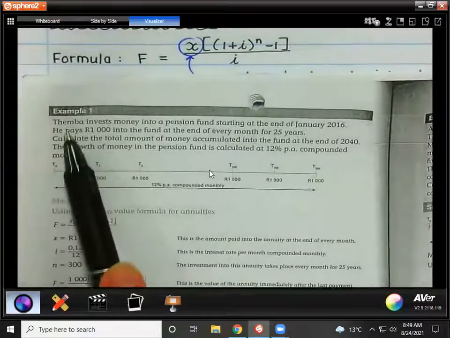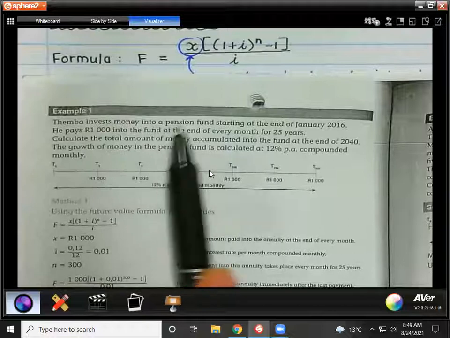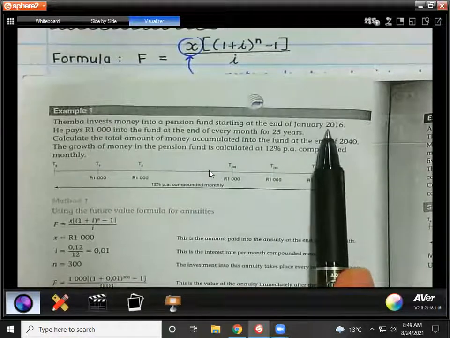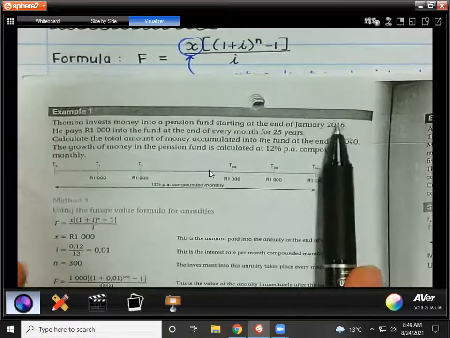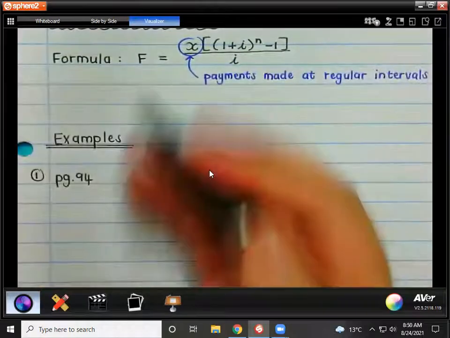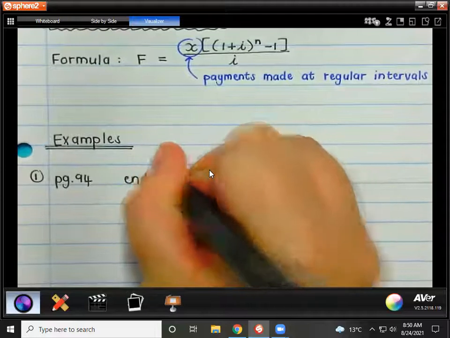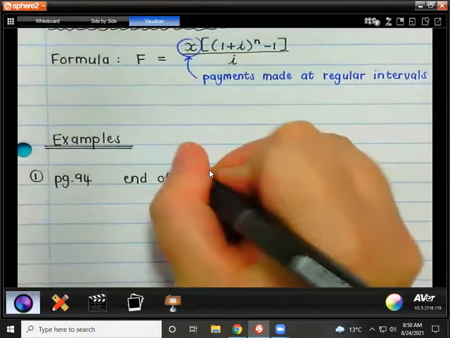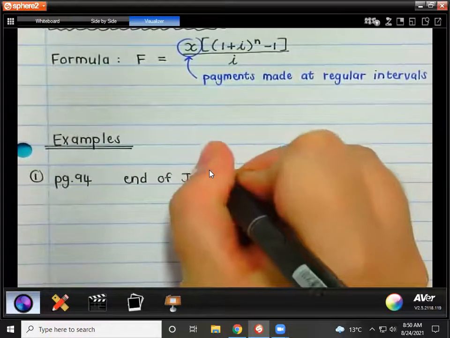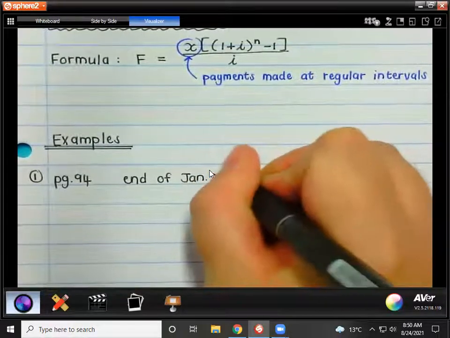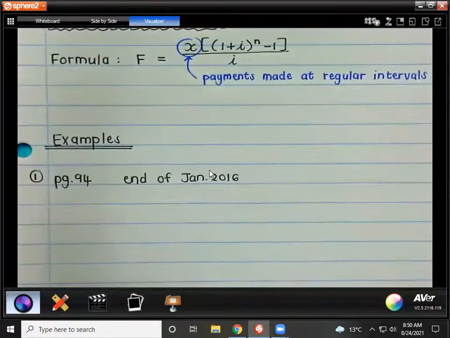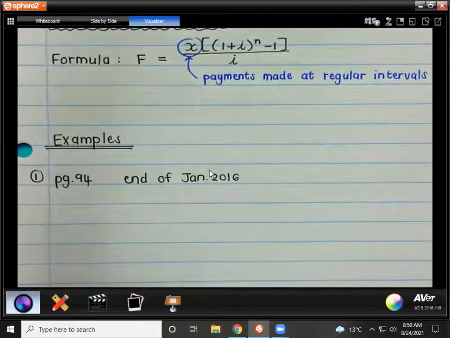Okay, so Themba invests money into a pension fund starting at the end of January 2016. All right, so end of Jan 2016, let's write that down. I think let's just write down the cliff notes, if you will. So he pays 1,000 Rand into the fund at the end of every month for 25 years.